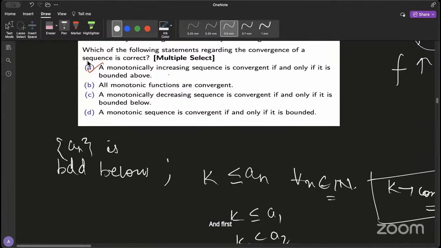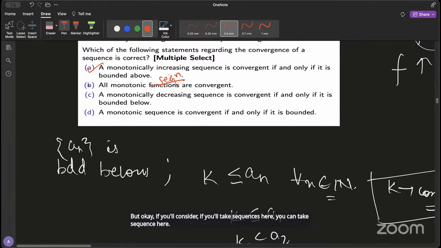Terminologically speaking, this option is slightly inappropriate to write in this manner, because we don't talk about convergence when we talk about functions. Convergence is only for sequences. But okay, you can take sequences here. So this is incorrect, and we have seen a counter example, right? Can we move to the next option? Is the B part clear?